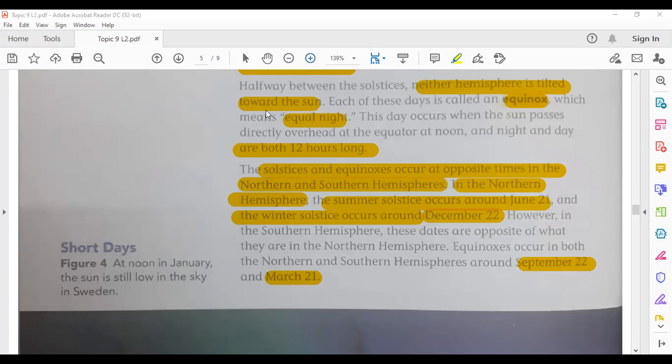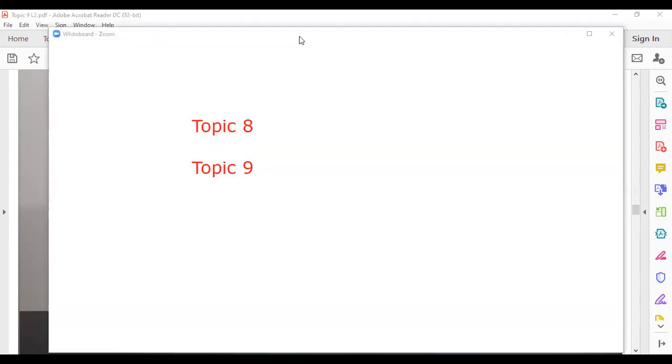As you see, the solstices and equinoxes are opposite. Look, northern hemisphere, I abbreviate it as N. We have June 21, what do we have? Summer solstice.